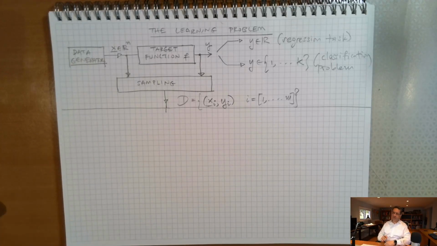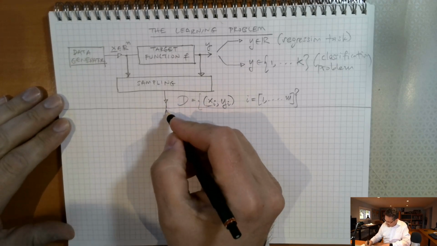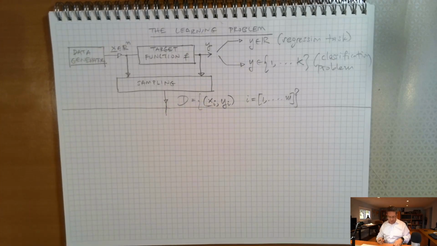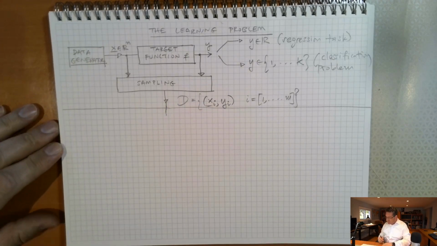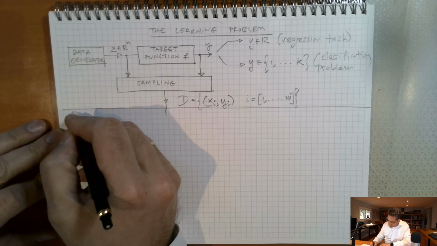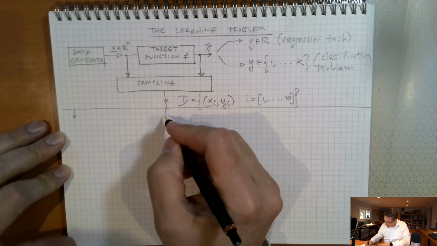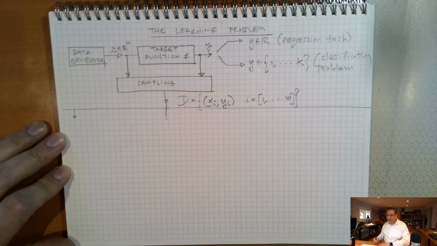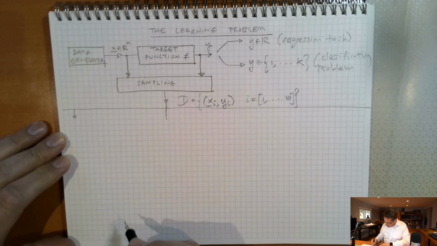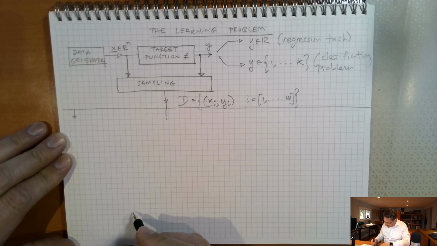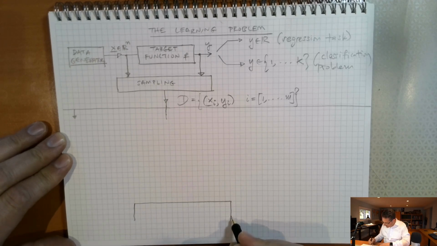Now that we have seen what the sampler will give us, let's now start designing our predictor machine. First block, according to Vapnik, that we need to specify, I will draw it right down here at the bottom of this diagram.